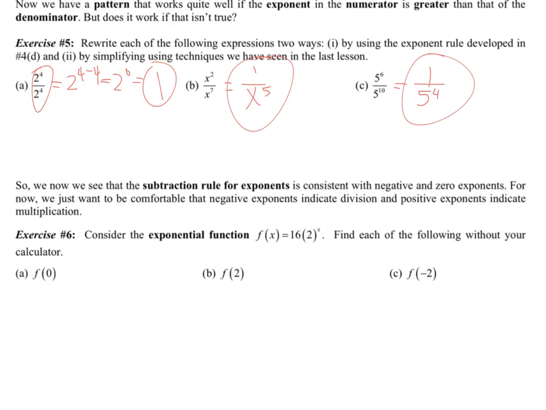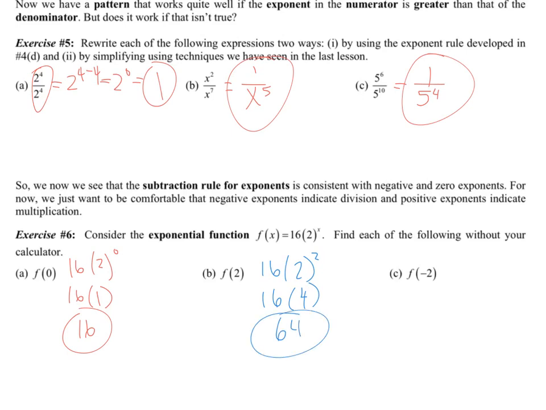So let's look at this. Letter A, if we're going to put 0 in for that x, then I have 16 times 2 to the 0 power, so 16 times 1, so 16 is my answer. What if I have 16 times 2 squared? Well, now I have 16 times 4, so 64 is my answer.